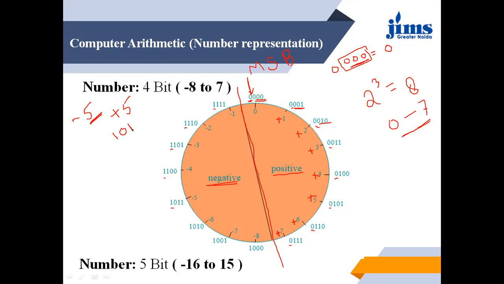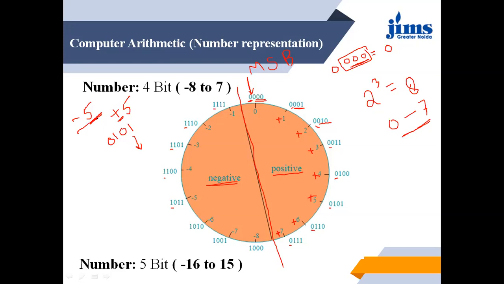101, and as this is a positive number, a 0 will be over here. So the binary equivalent of +5 is 0101, and we have to find the 2's complement to find the negative number.